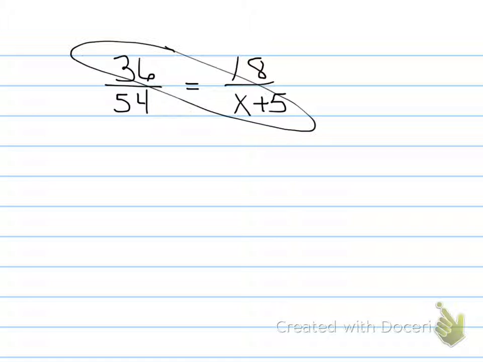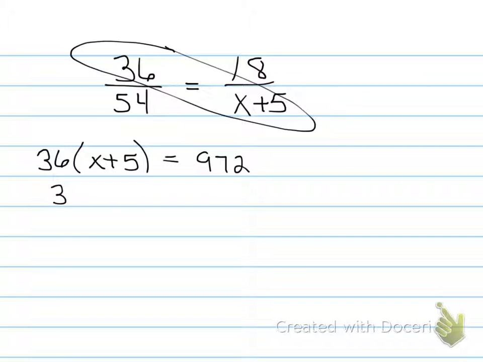All right, so we need to do cross products. 36 times x plus 5 equals 972, because we multiply 54 times 18. Okay, we did our cross products. Now I do the distributive property. 36x, then multiply 36 times 5, which is what a lot of people forgot to do.